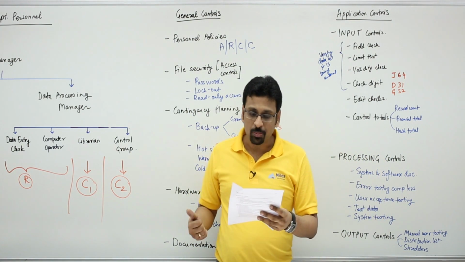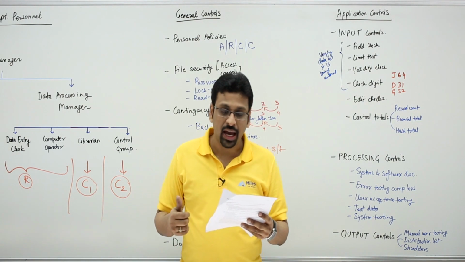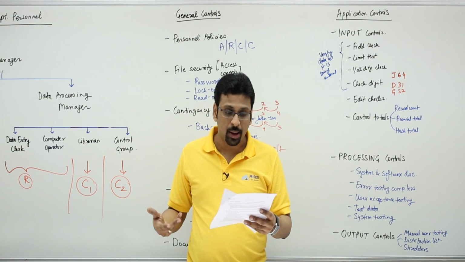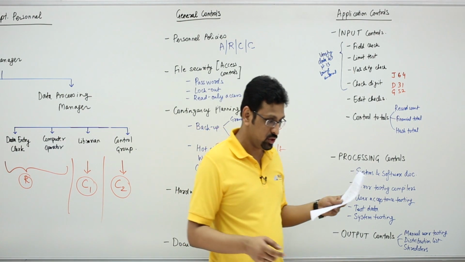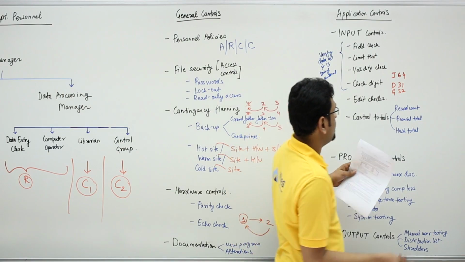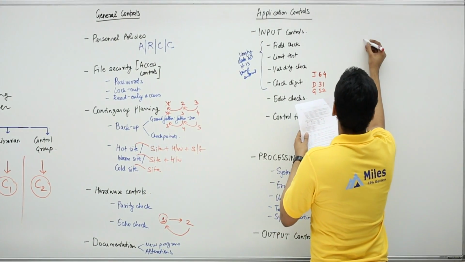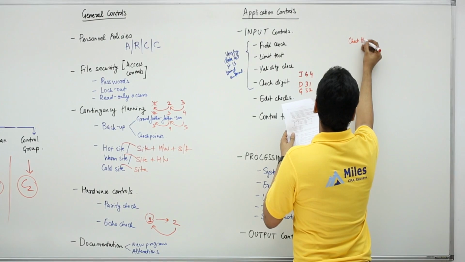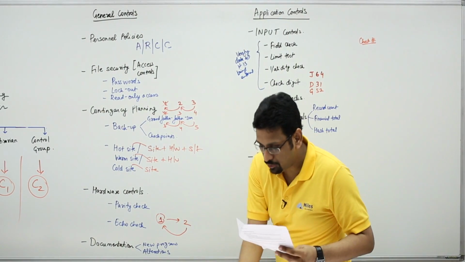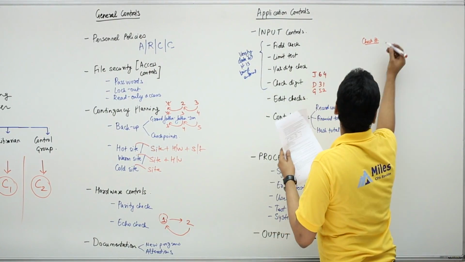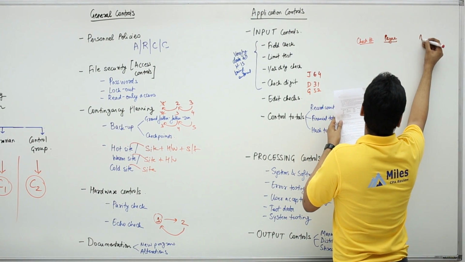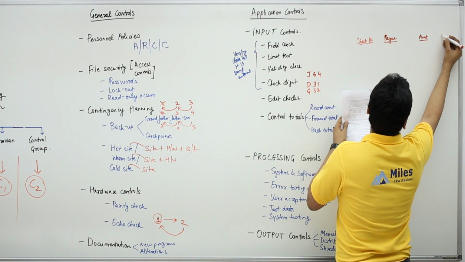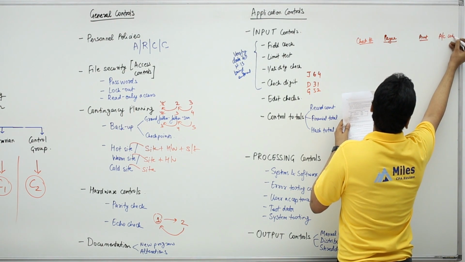It says, assume that the checks written during a particular day are being entered into a checkbook program and that the data input clerk is working from the following sheet to make the entries. So let me put that on the space that we have here. You've got check number, the name of the payee, the amount in dollars, and the account code.